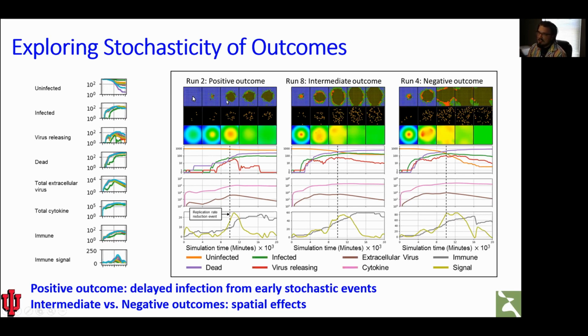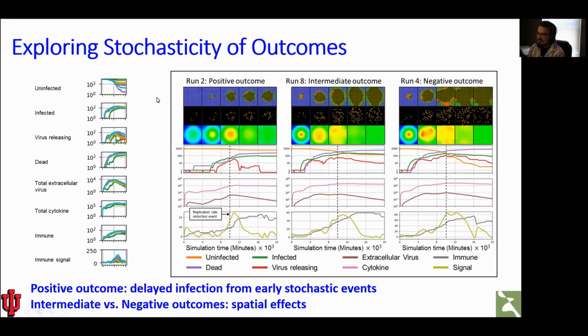And what happened here is that the first cell that was infected died, but it died after it had already released virus into the extracellular space, in which case recurrence occurred at a neighboring uninfected cell, and then the infection progressed. Now this matters because these are simulations with the same reduction in replication rate being applied at the same time, and with this delay in the start of the actual initial infection, this then makes this treatment at this time more effective.